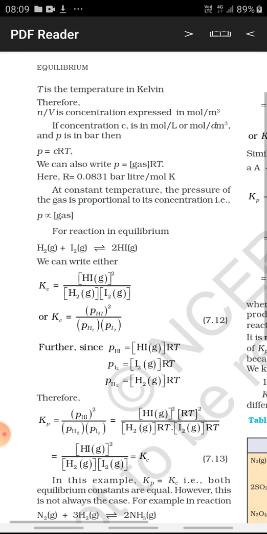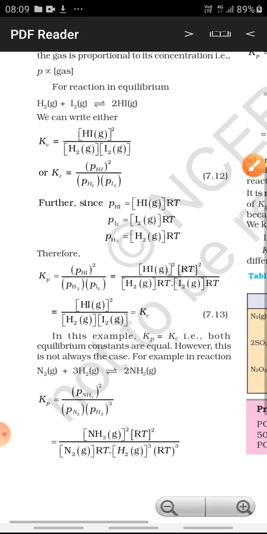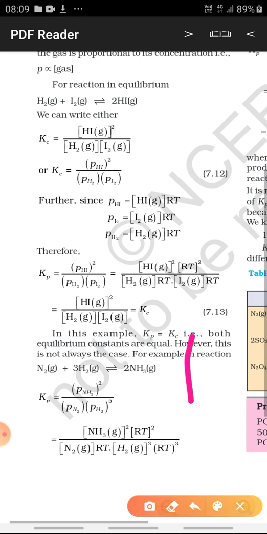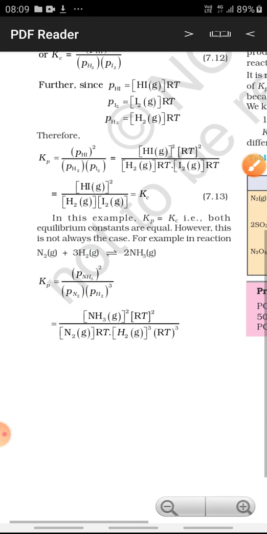Partial pressure for hydrogen iodide will be equal to the molarity of hydrogen iodide into RT. Similarly for iodine, it is the molarity of iodine into RT, and for hydrogen, the molarity of hydrogen into RT. So we can write it in this manner, and then we can put the value of R and T.